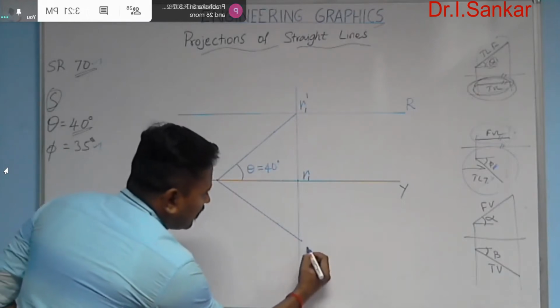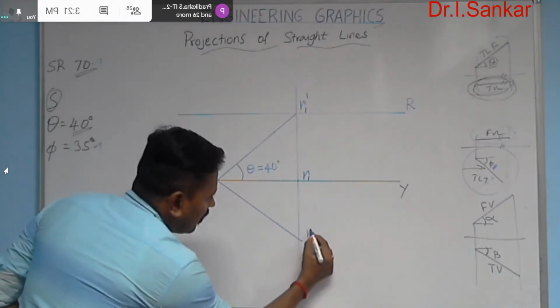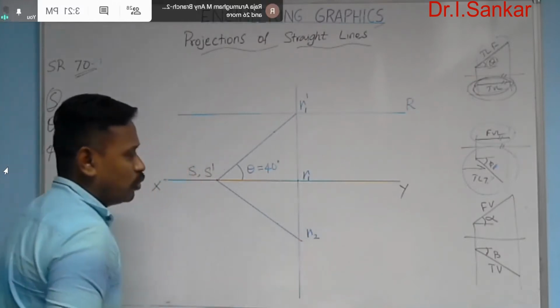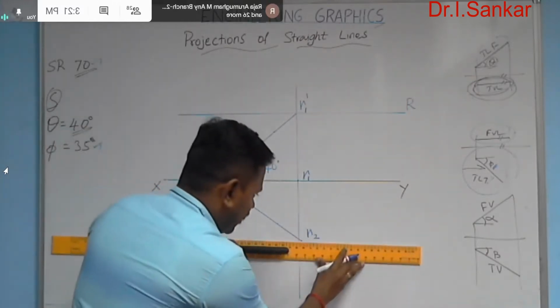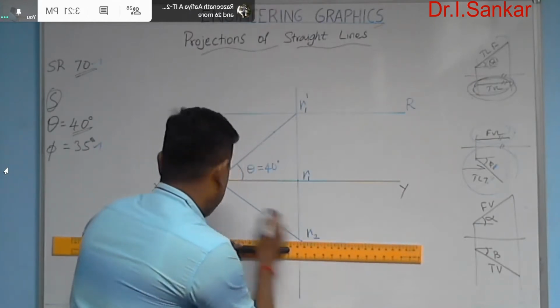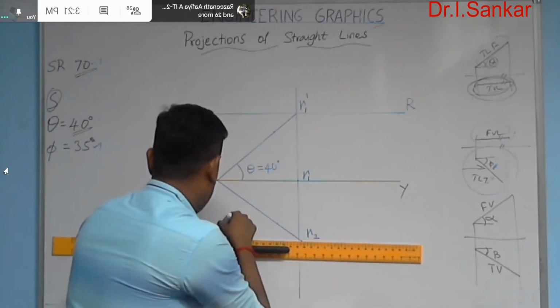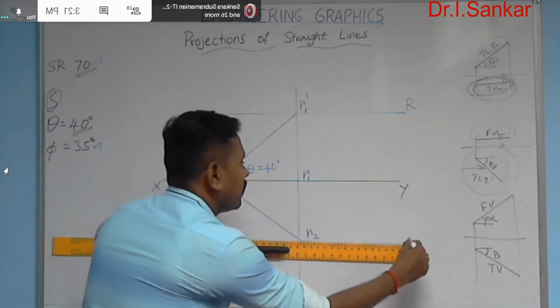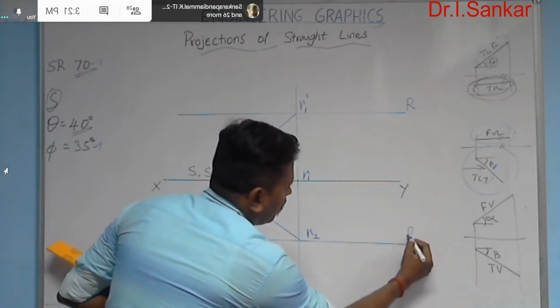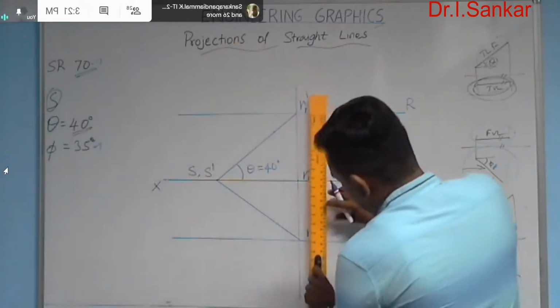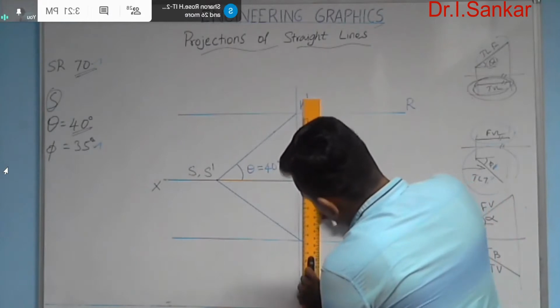here it is R2. Immediately you can draw the locus of R in the top view area, and a projector of R2 in order to mark the R2 dash.